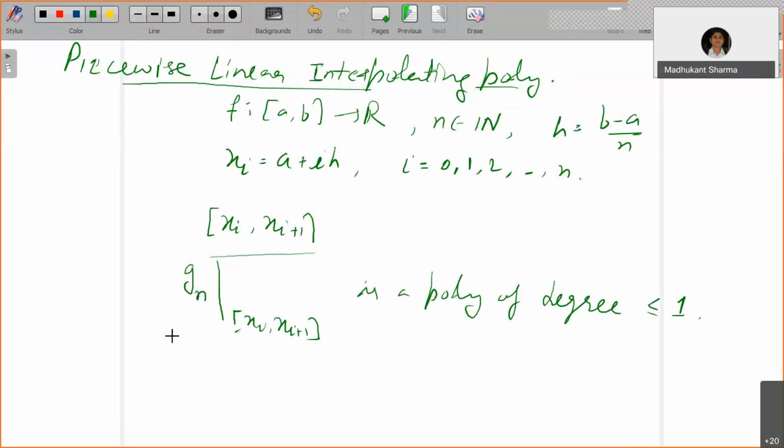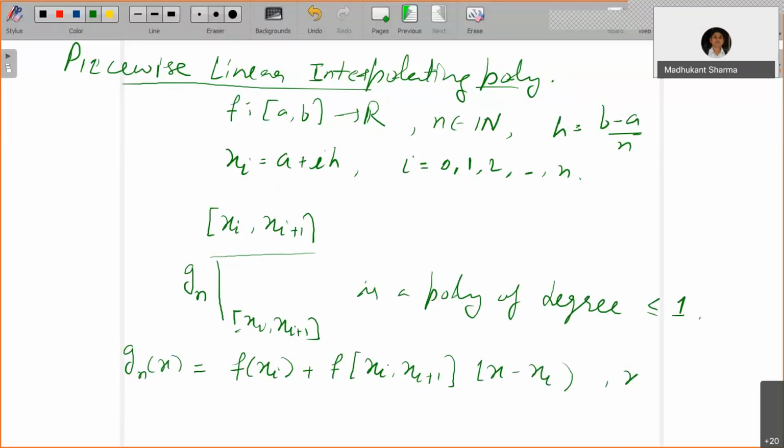So how will we define gn of x over the interval xi to xi plus 1? Using Newton's interpolating polynomial, it equals f of xi plus f of xi comma xi plus 1 times (x minus xi), for x belonging to xi to xi plus 1.